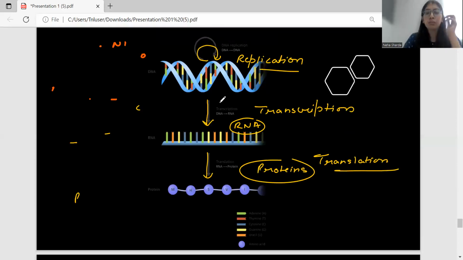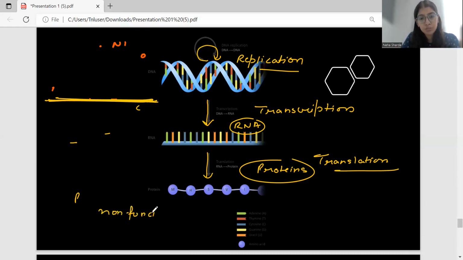Any change in the sequence of DNA will form a non-functional or wrong protein. That is why the sequence of DNA and the transfer of DNA from parents to offspring is important, and DNA is our genetic material.